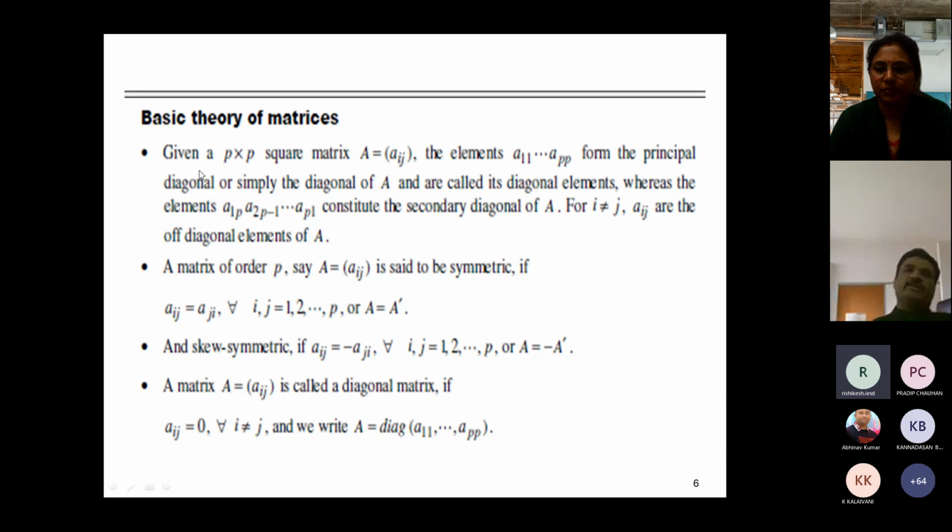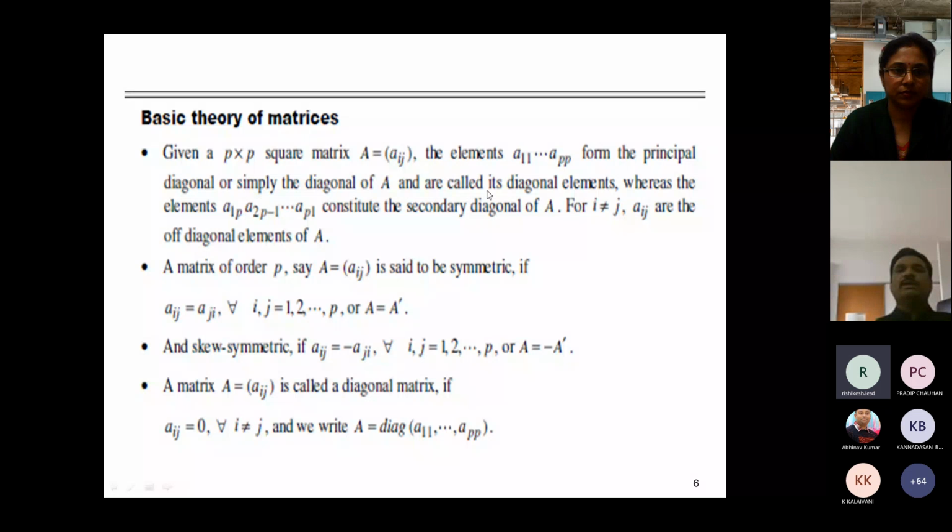Suppose we are given a p cross p square matrix, denoted by capital A, and we can denote its components like Aij. The elements A11 up to App form the principal diagonal, or simply the diagonal of A. We are aware of this, and these are called its diagonal elements, whereas the elements A1p, A2,p-1, Ap1 constitute the secondary diagonal of A.